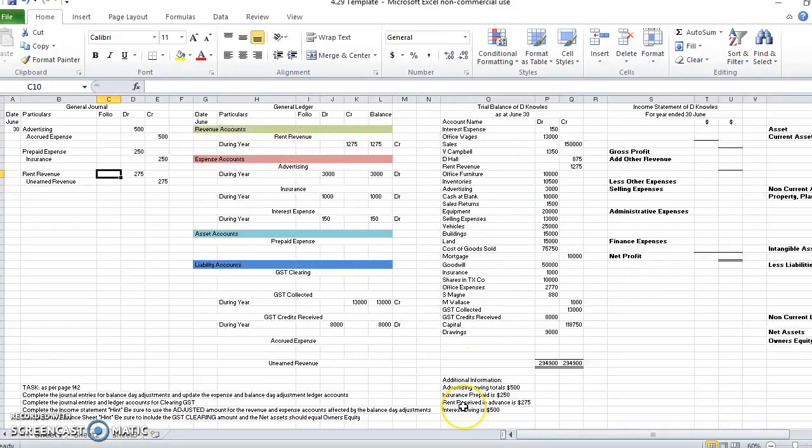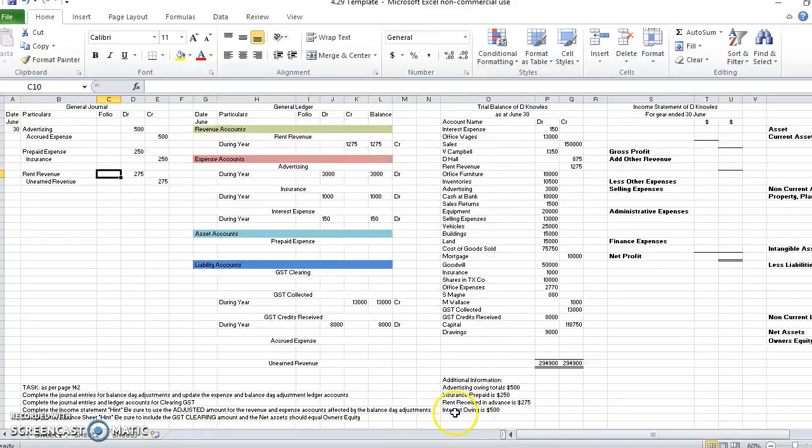So the last one, interest owing, is $500. Is this interest expense or interest revenue? Owing means accrued, so is it an accrued expense or an accrued revenue? How do we know? Well, let's look at our past activities. Our very first one up here is interest expense. Do we have interest revenue? It will be in the credit column. There doesn't appear to be any interest revenue, so it's most likely that this is talking about an interest expense.